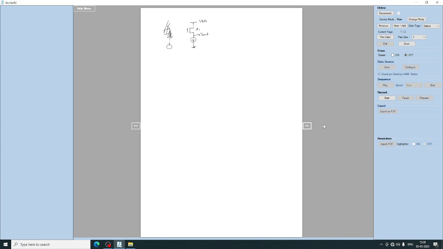The second part of this question is: if I1 is implemented using another transistor, say M2, what will be the minimum value of W by L of the second transistor?